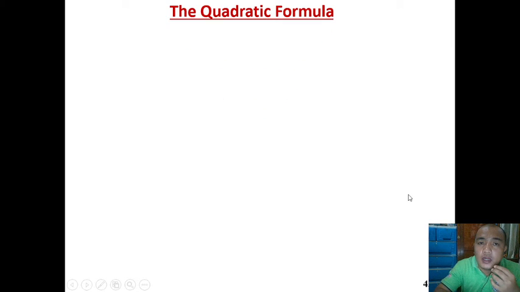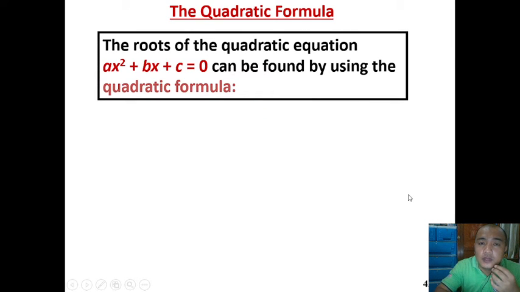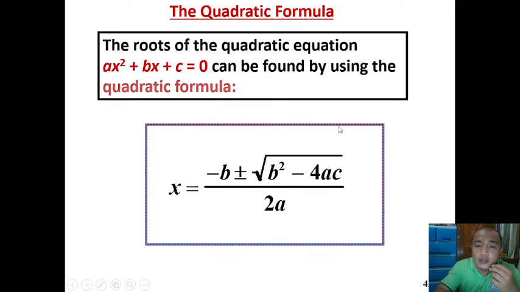Now, what is the quadratic formula? The roots of the quadratic equation ax squared plus bx plus c equals 0 can be found by using the quadratic formula. x equals negative b plus and minus square root of b squared minus 4ac all over 2a.